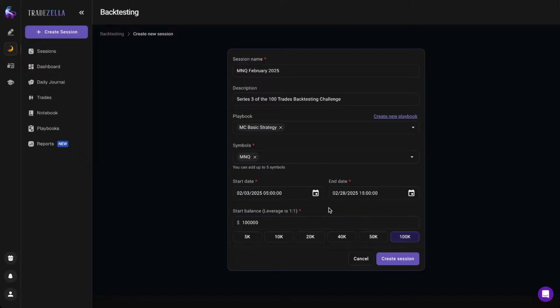This doesn't mean you need 100,000 to start trading or none of that, right? We've been trading 2 contracts for gold, 2 contracts for NQ.